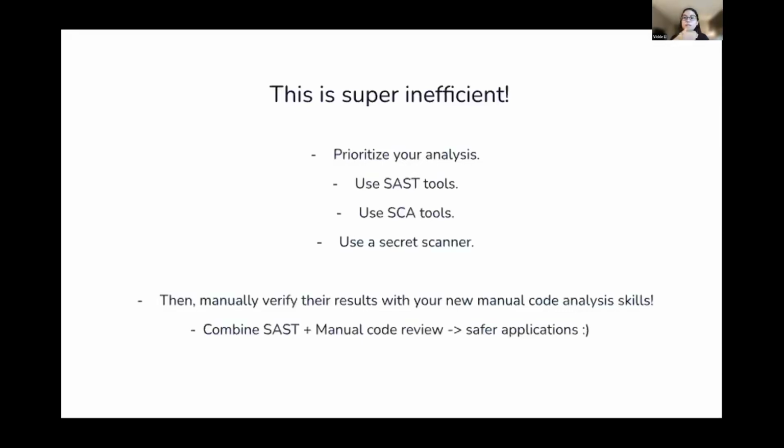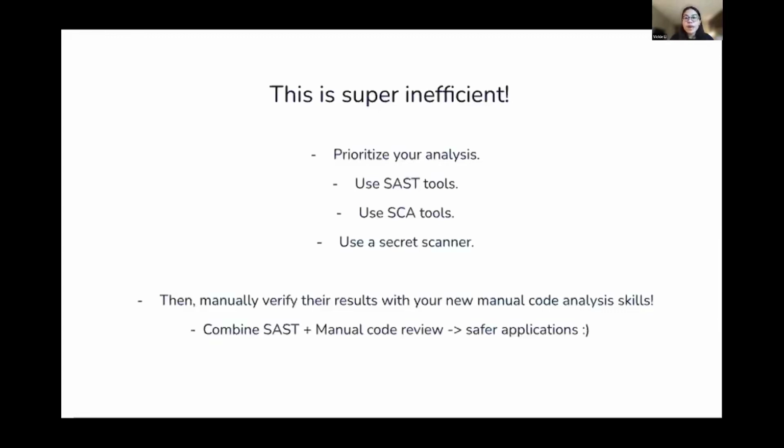It will keep track of your application's dependencies and see if any of them are outdated. You can also utilize tools like secret scanners to help you identify hard-coded secrets that we talked about in your code, right? So using these tools wisely can really cut down on the time it takes you to conduct the manual analysis.